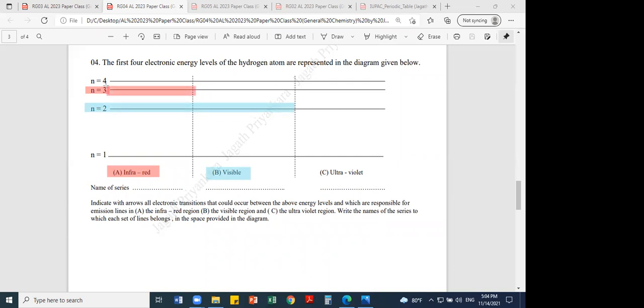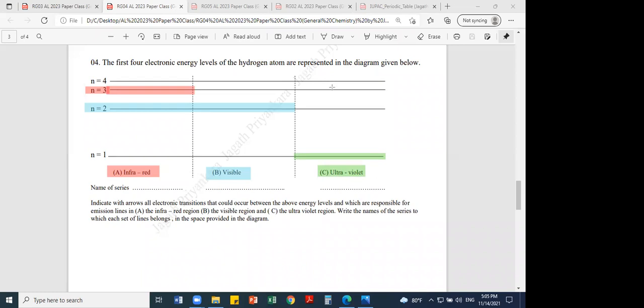Lyman, or that is ultraviolet, UV, when electrons undergo transition from a higher level to the first level, the ground level. Then we call it UV or ultraviolet, that is Lyman series.